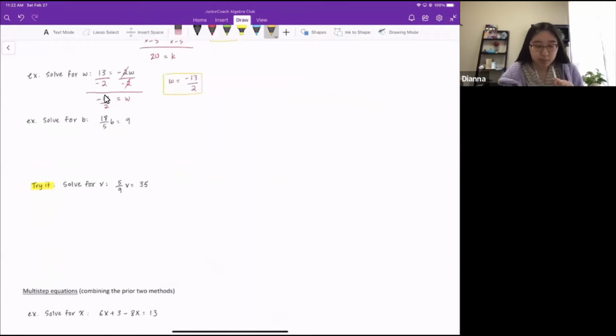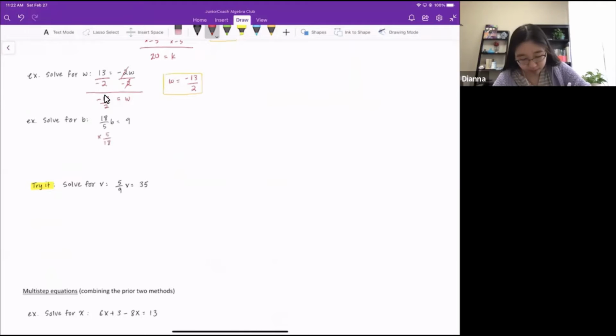All right, so the next one's a bit more complicated because it involves a fraction. Solve for B: 18/5 B equals 9. This could be a multiplication or a division one, depending on how you look at it. The multiplication way would be multiplying both sides by 5/18.